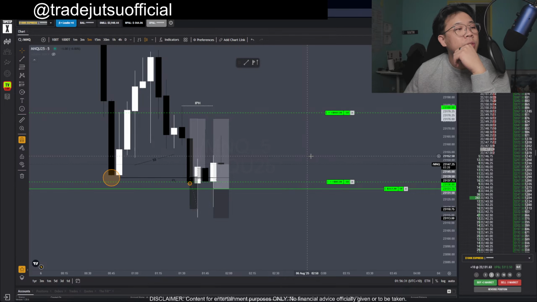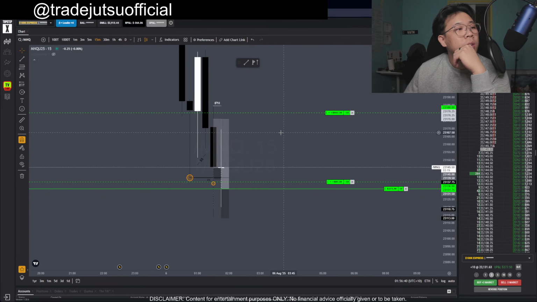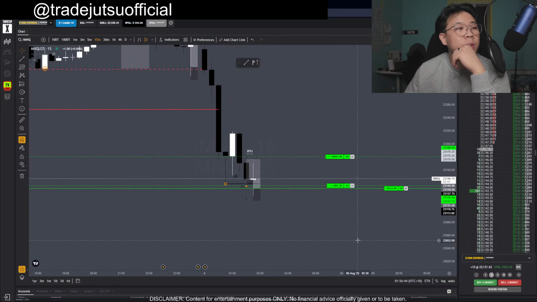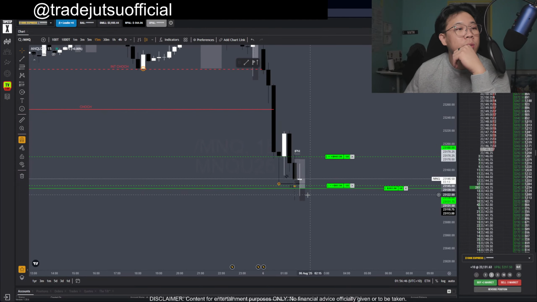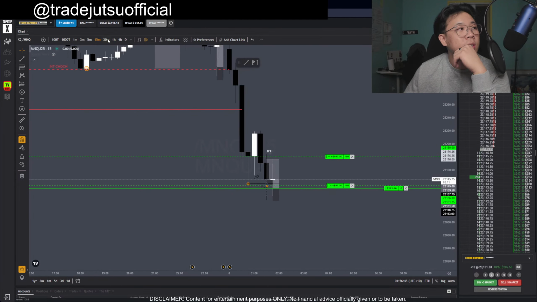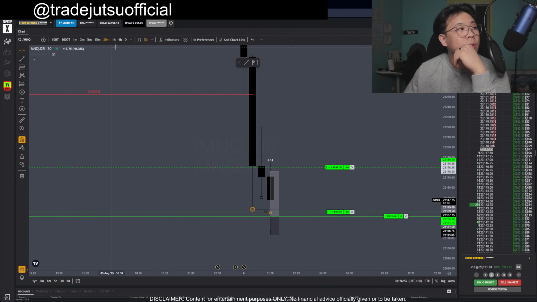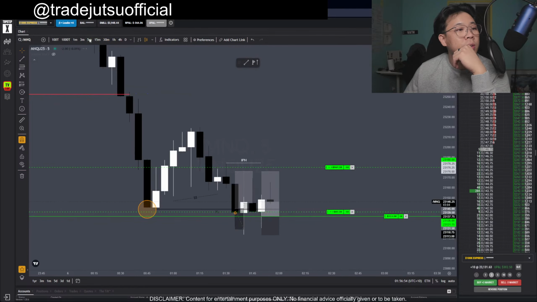This is a counter trend trade, so I should really look at taking profits a lot earlier. There is a bit of resistance on the 15 minute. This is a good sign, the 15 minute has created this rejection on this initial low. 30 minutes is struggling to break through lower.